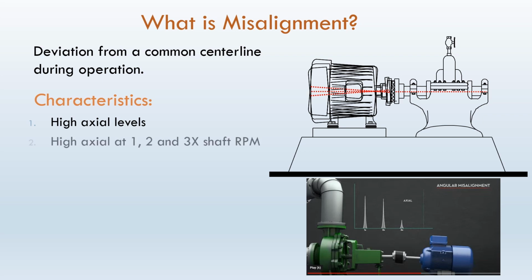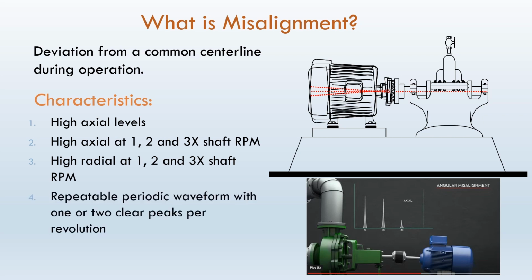High axial at 1, 2, and 3 times of shaft RPM. 3. High radial at 1, 2, and 3 times of shaft RPM. 4. Repeatable periodic waveform with 1 or 2 clear peaks per revolution. 5. Phase readings show a 180-degree shift across the coupling.